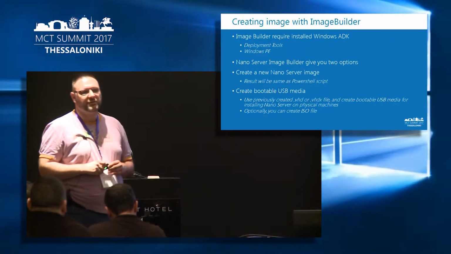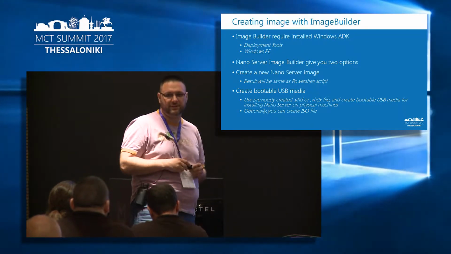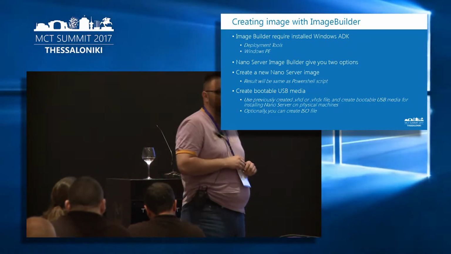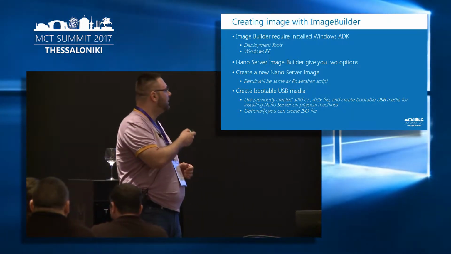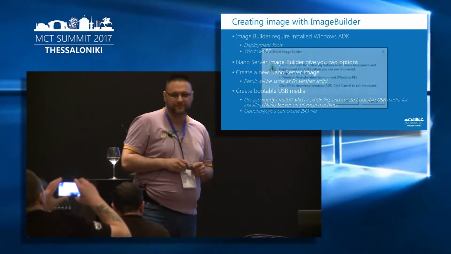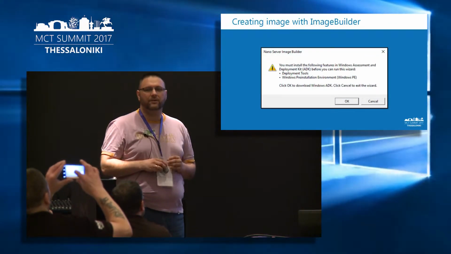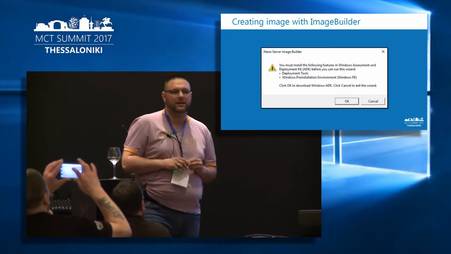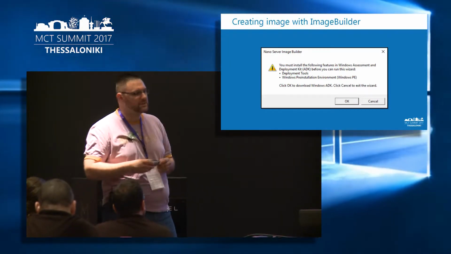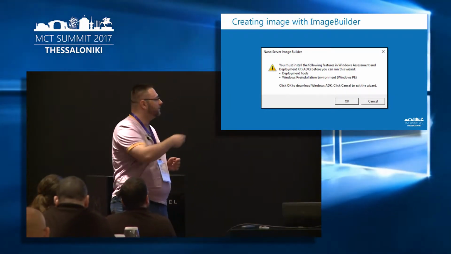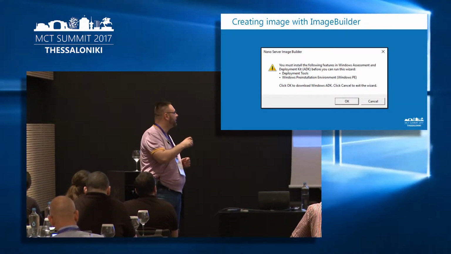You can use the image builder to create a Nano Server image if you're not in love with PowerShell. What are the prerequisites for the Nano Server Image Builder? You need to download and install ADK, but you don't need to install all features, just deployment tools and Windows PE.